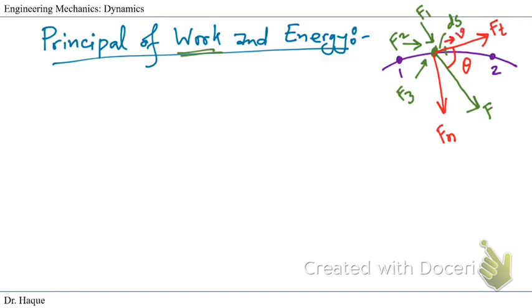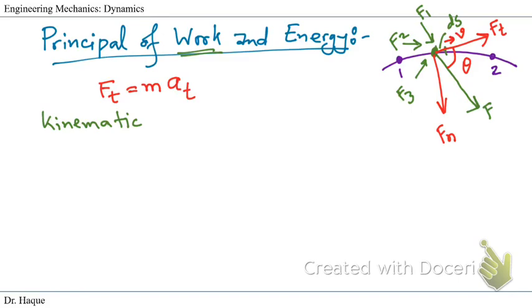Now we're going to apply Newton's second law of motion. Ft, force, equals mass times acceleration. So the tangential force will be equal to mass times tangential acceleration. To formulate the principle of work and energy, we need another equation today, and we have to go back to chapter 12, when we had the kinematics.